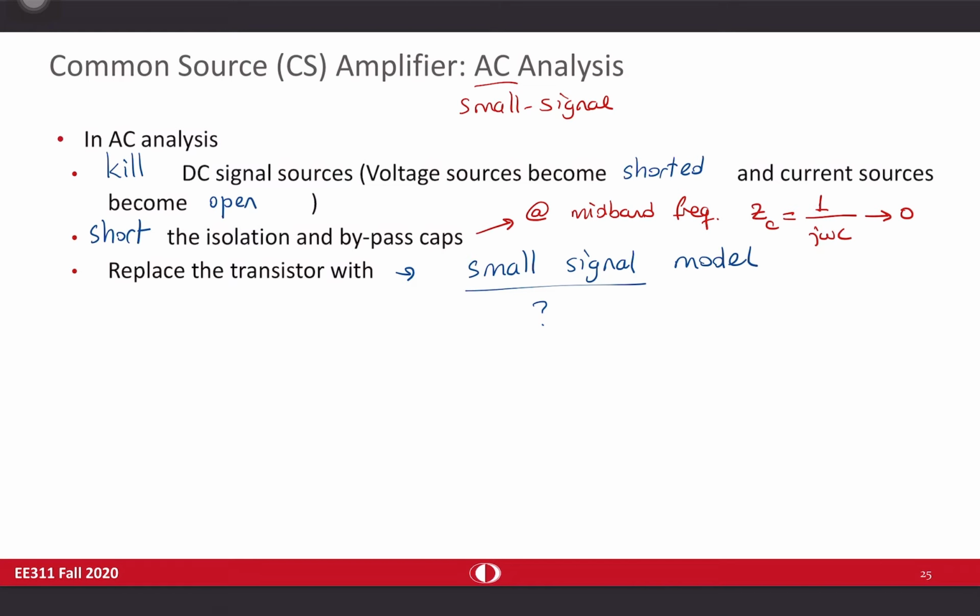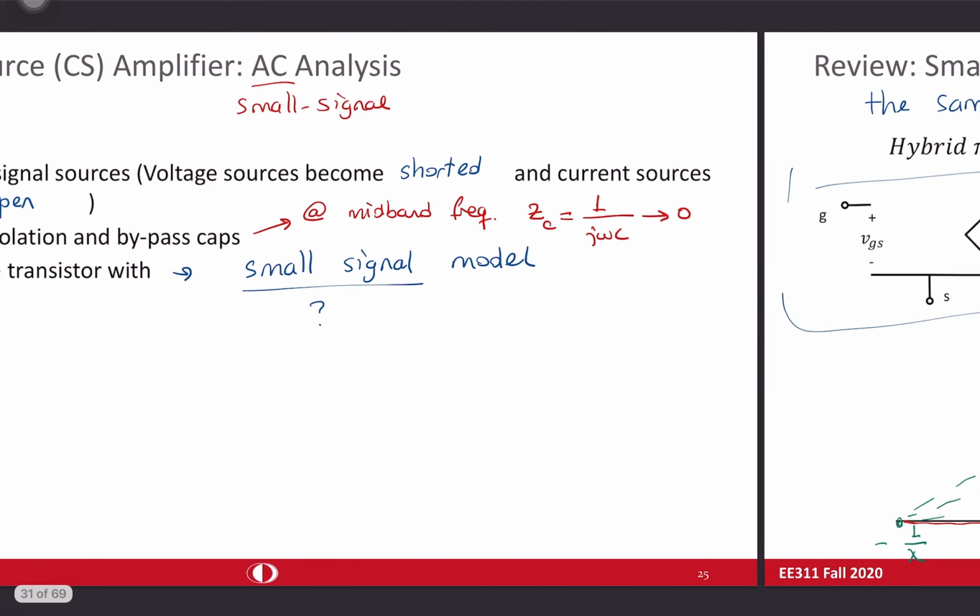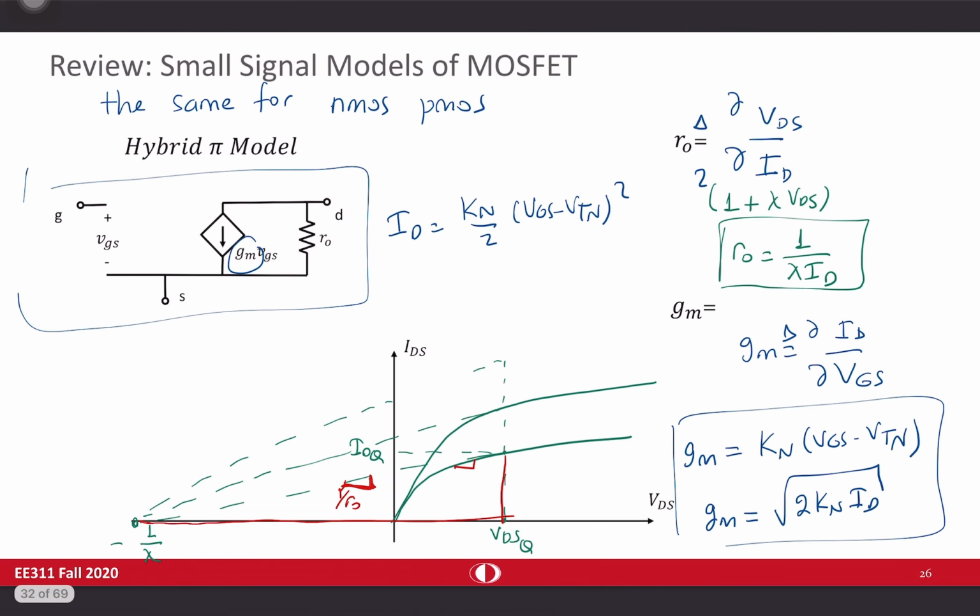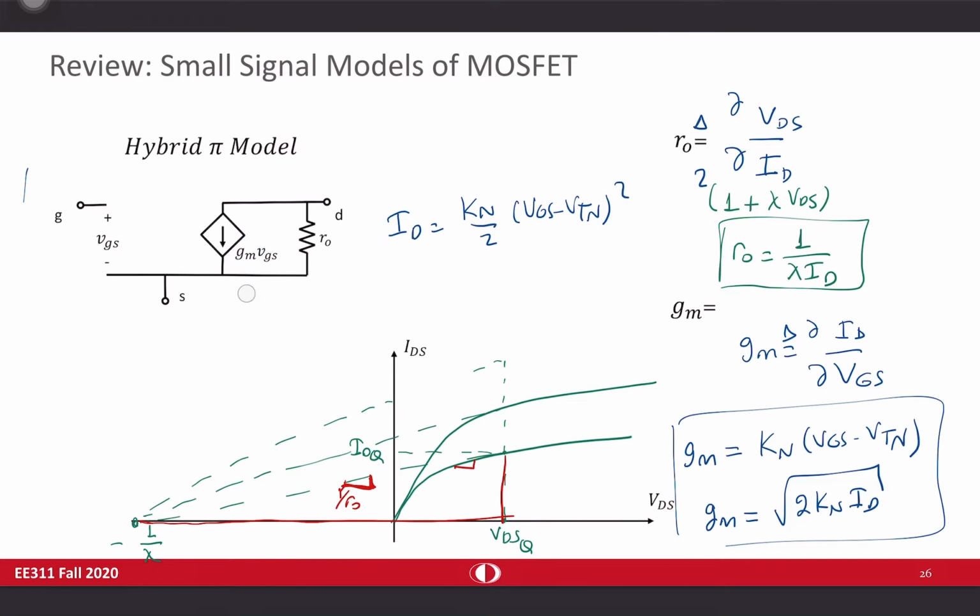Now, your small signal or AC sources are connected to the system. They are ready for the amplification, and we should replace the transistor with its small signal model. So let's remember what the small signal model is.